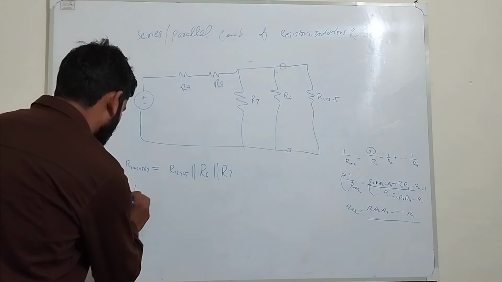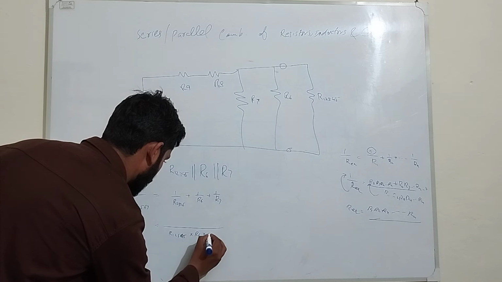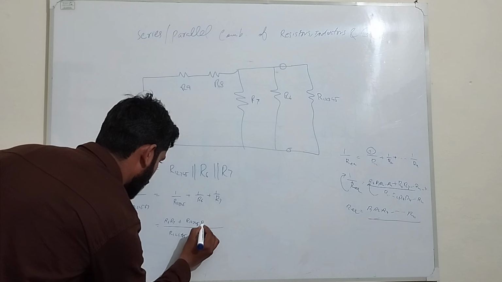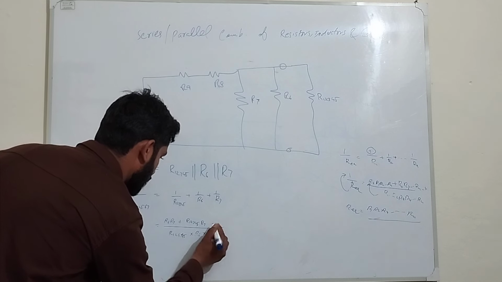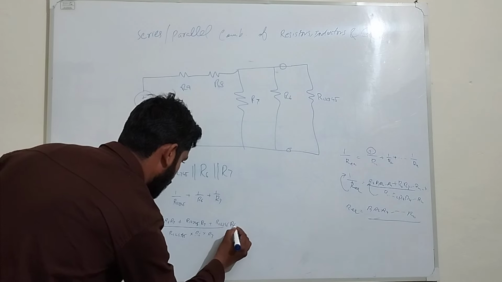Here you will get R12345 multiplied with R6 multiplied with R7 in the denominator, and in the numerator R6 plus R7, R6 R7, plus R12345 R7, plus R12345 R6.